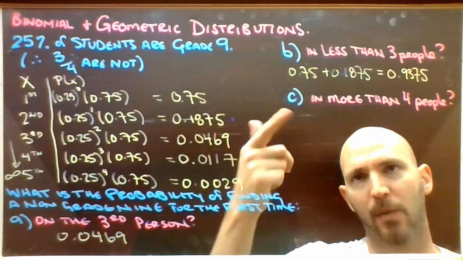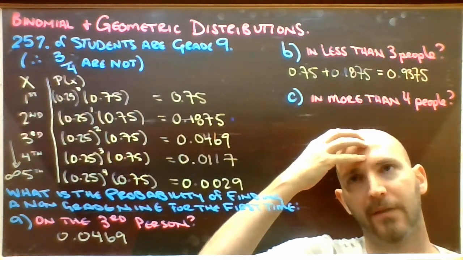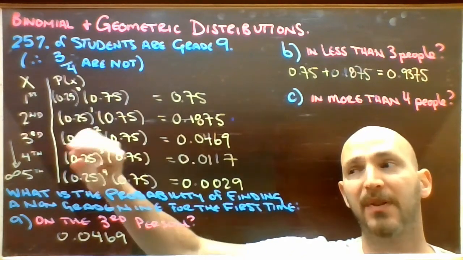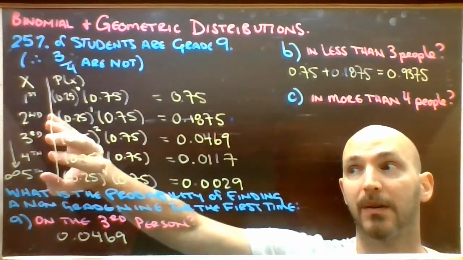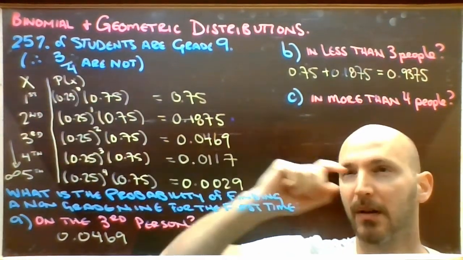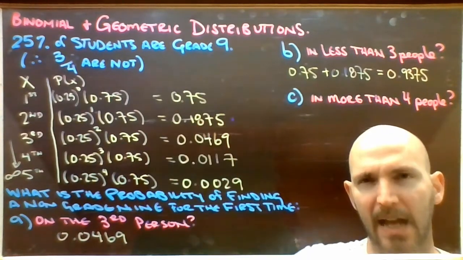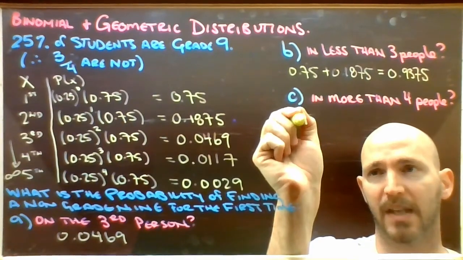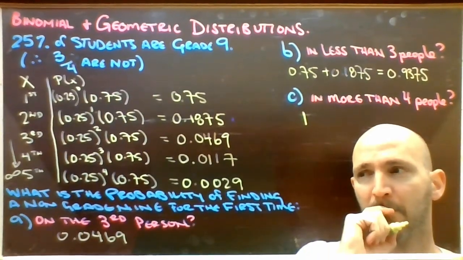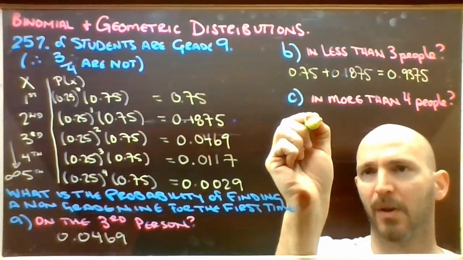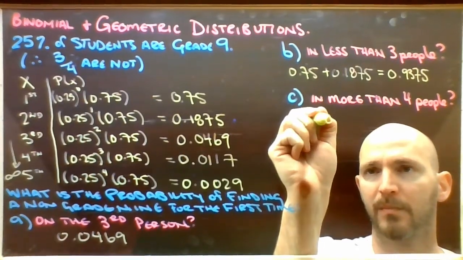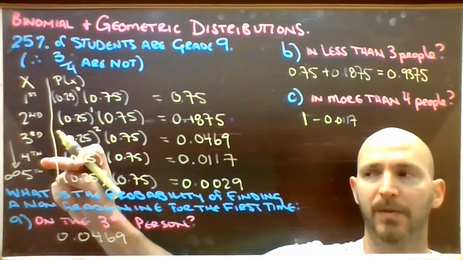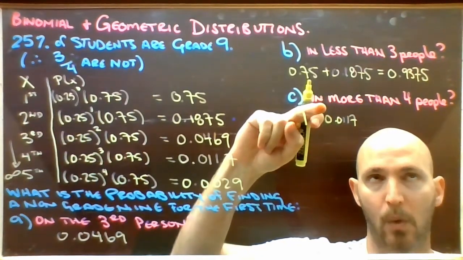If I'm asking a question about more than 4 people, that means it's every row except this one, this one, this one, and this one. So if I add all these rows up, I should get 100%. But I don't want this row, because finding them on the 4th person is not more than 4 people.